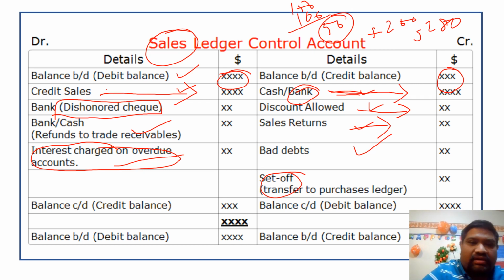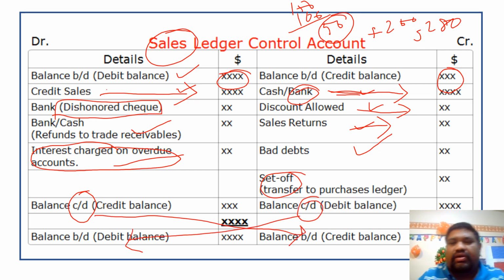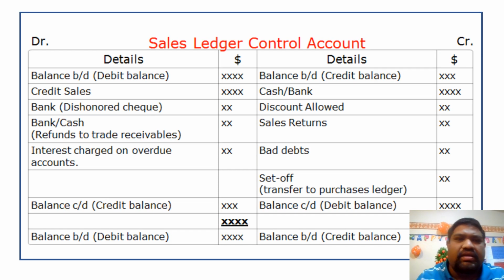Please do remember, here we have to write carried down balance so that it comes here as brought down, and here carried down so that it comes as brought down. So this is a simple format. The only thing you have to learn is about the credit sales. Understand?